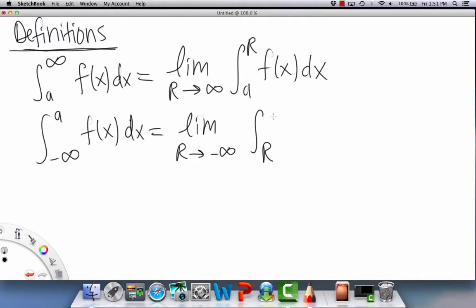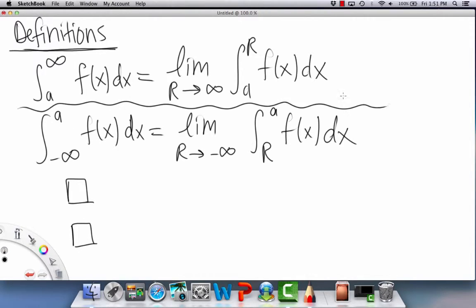So r is on the bottom, a is on the top. These are two separate cases: one is going to infinity and the other is coming from negative infinity.